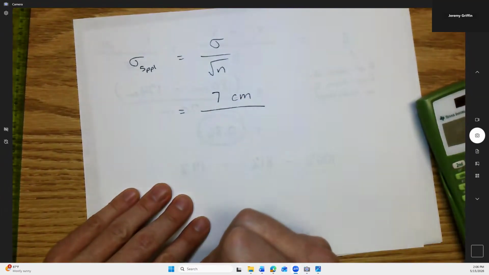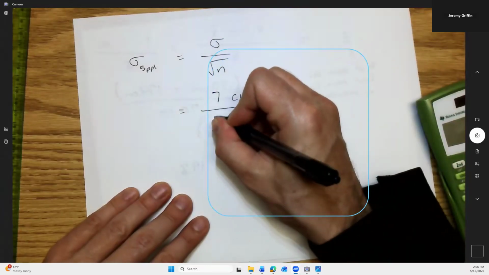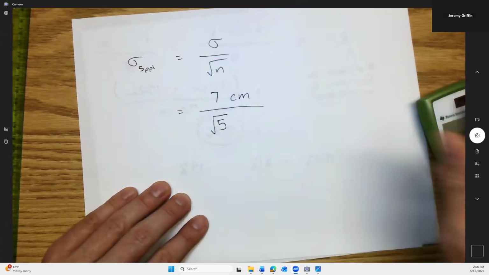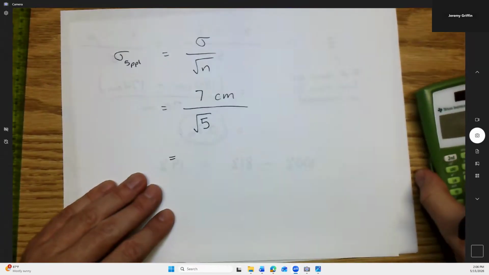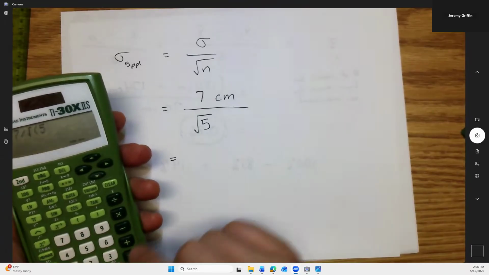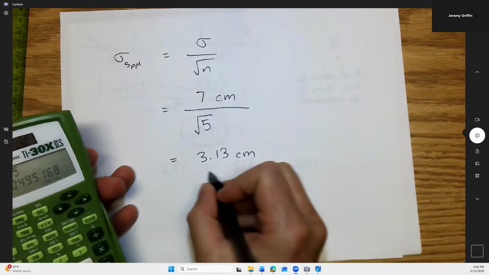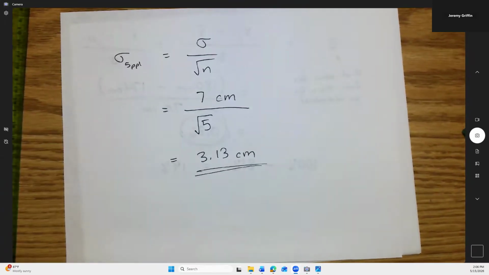That was my standard deviation for the population at large for 1 individual. But I'm going to put them into a group of 5, so I'm going to divide by the square root of 5. That gives me a much smaller standard deviation. 7 over root 5 is about 3.13, and the unit is still centimeters. It's still a standard deviation, but now it's for a group of 5.